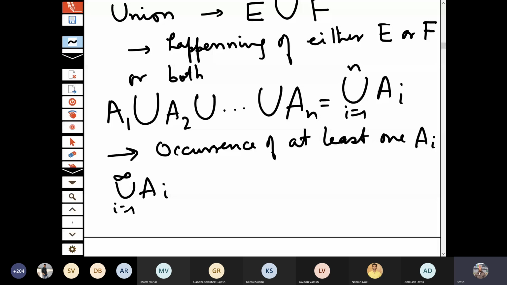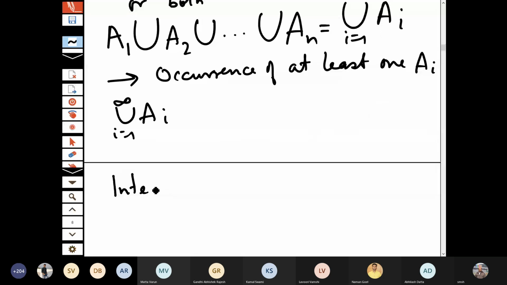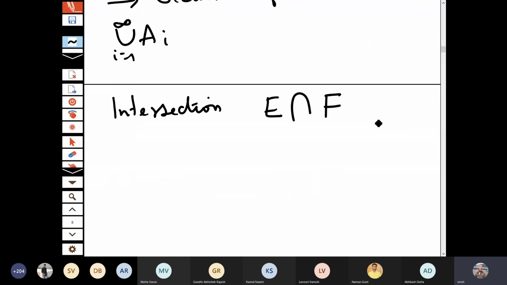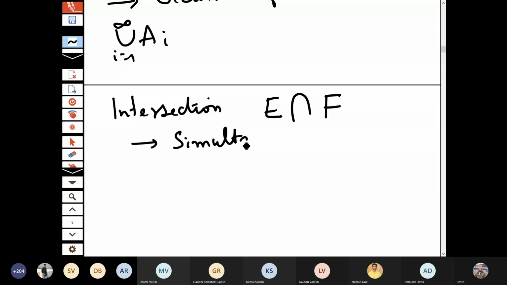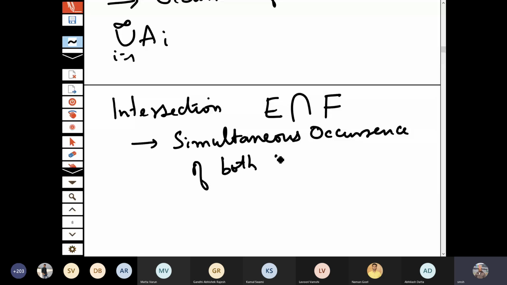Similarly, we have the intersection. Intersection in set theory means the common elements. So it means that both E and F will occur, simultaneous occurrence of both E and F. You can have more than 2 also.